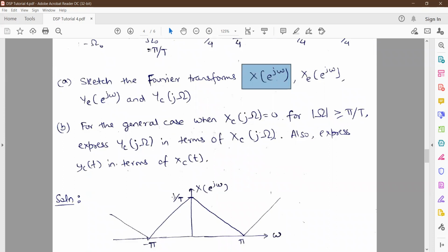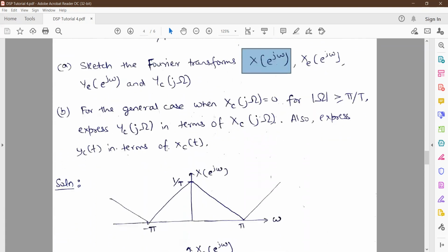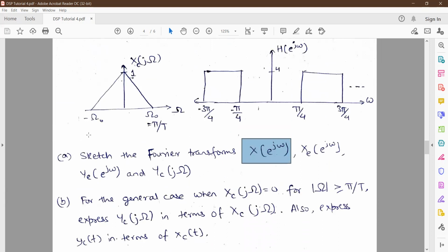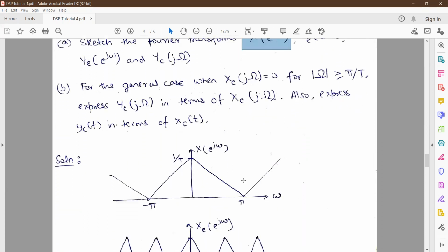Clearly, it will have an amplitude scaling of 1 by T. And since the input signal was band limited between minus π by T and π by T, and we have sampled with a time period of T, clearly the DTFT of the sampled signal will lie between minus π to π, which we can also compute by saying that ω is equal to capital Ω times T. So this is X(e^jω).